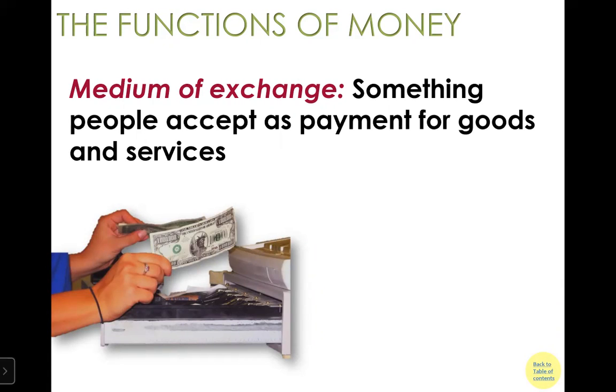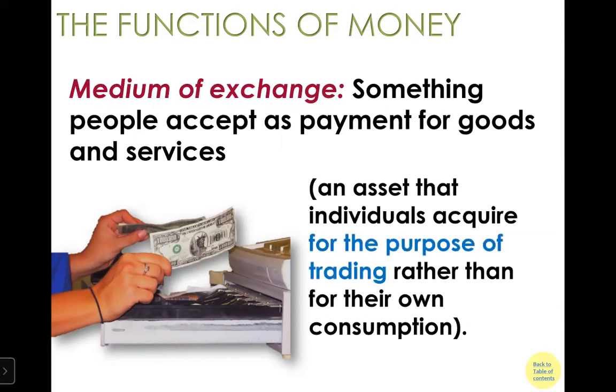Instead, they collectively decided to use something the residents in the town commonly accept, which is a clamshell. They used these clamshells as a medium of exchange for goods and services. So this is medium of exchange.